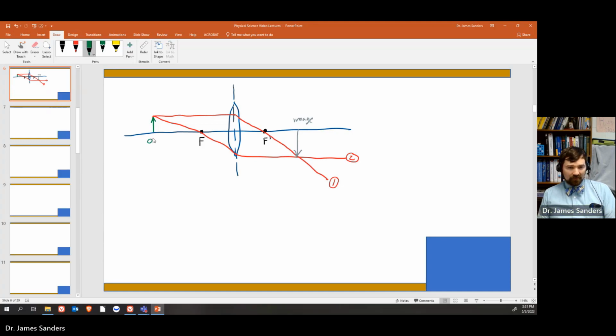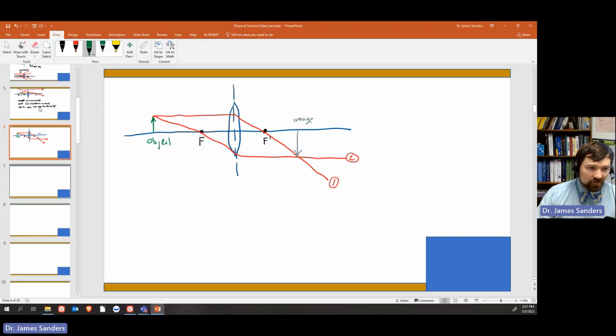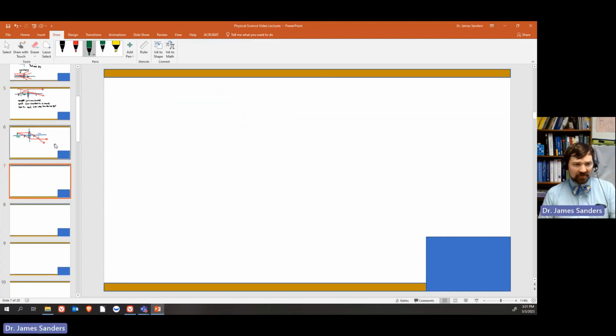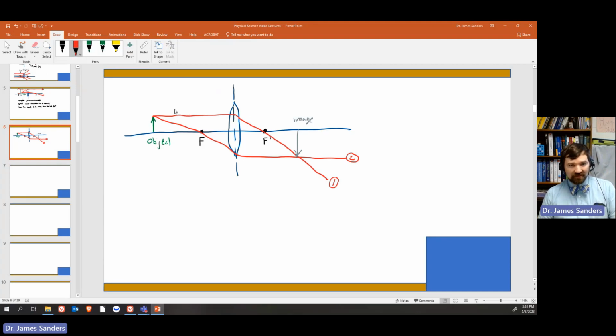And this is my object. Now, on the previous one, I did not draw a third ray. You can, in fact, draw a third ray as a double check. Basically, your third ray starts off at the top of the arrow and goes through the lens right where the principal axis hits the lens axis. And that one just continues straight.